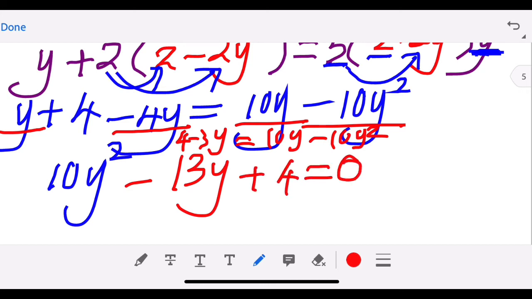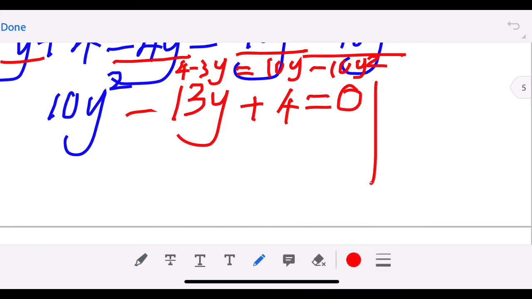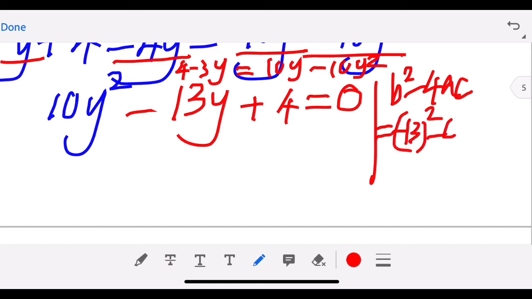So if I look at this equation, I always check the type of the root. I want to know whether I can factorize, or you can use a calculator, no problem. So it's actually negative 13 squared minus 4 times 10 times 4, right?